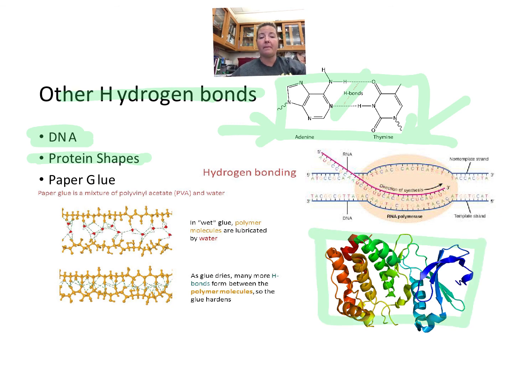And you might remember from biology that the shape of proteins is important because the shape has to fit in the correct way in order to make those chemical reactions happen. And then actually the way that paper glue works is a result of hydrogen bonding as well. As the glue dries, there are more hydrogen bonds that form. And so then the glue hardens and it keeps everything stuck together.